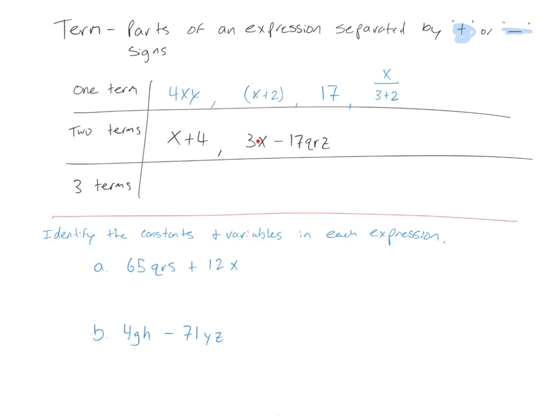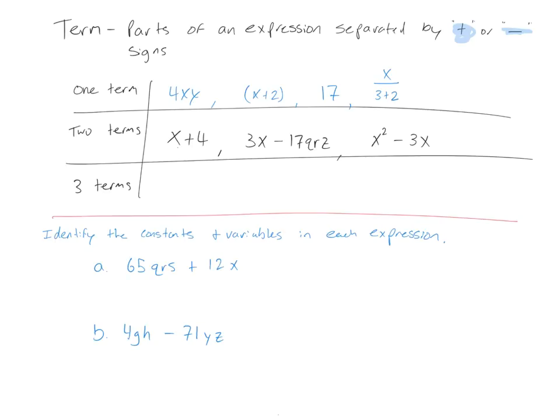Again, two terms. 1, 2. One more just for good measure. X squared minus 3x. Again, two terms. 1, 2, separated right there with the minus sign.